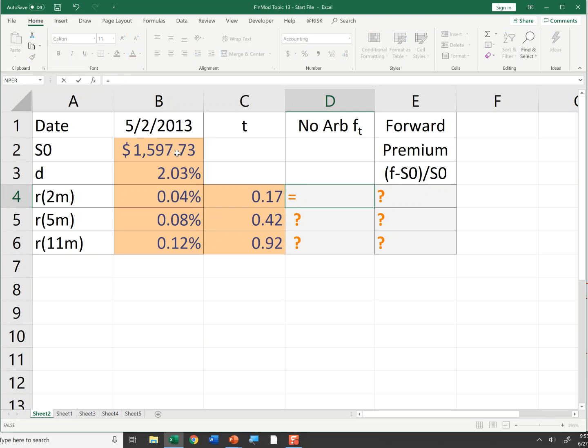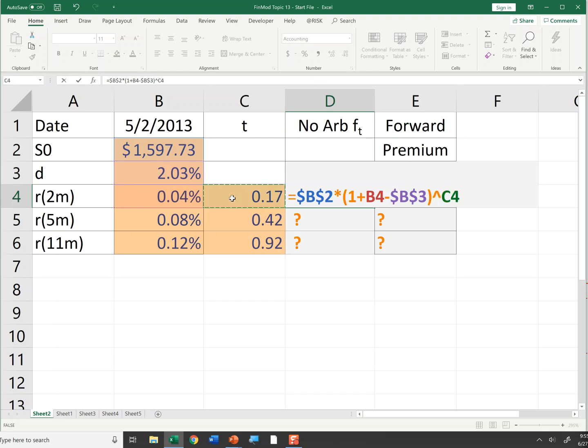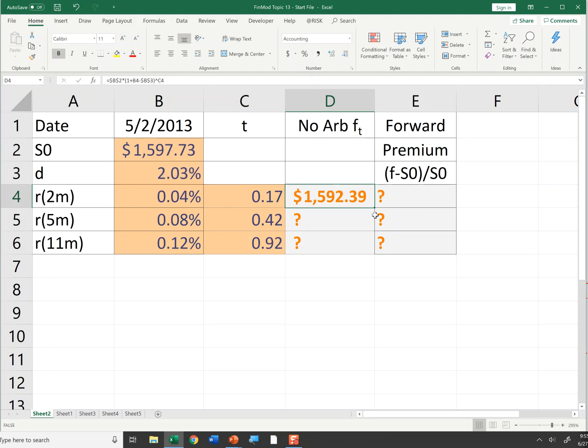So the no arbitrage forward price is going to be equal to the spot, I'll anchor that, times 1 plus the interest rate minus the dividend yield, and that's annualized, I'll anchor that, to the T power. So these are the no arbitrage forward prices for the S&P 500 when the market was in backwardation. In other words, the cost of carry was negative.